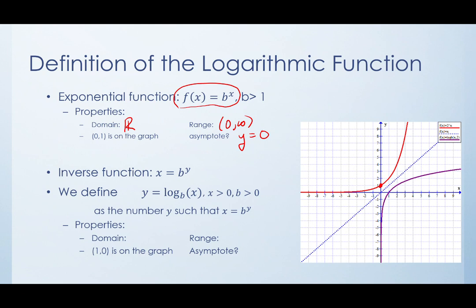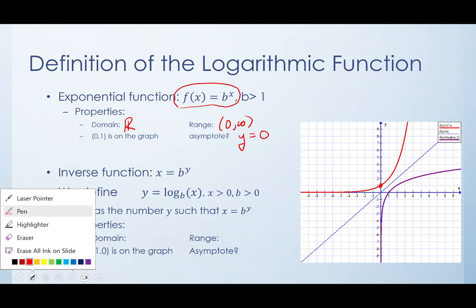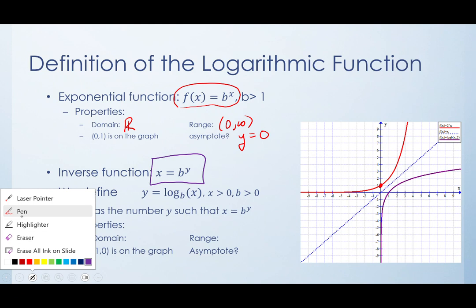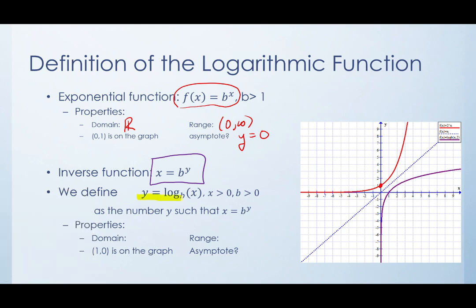Our inverse function, again, we're going to swap x and y. So we're going to get x equals b to the y, right? And in order to solve this for y, we have to define the logarithm function. So we are going to say y equals log base b of x.